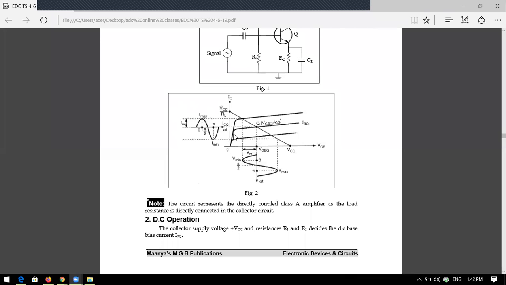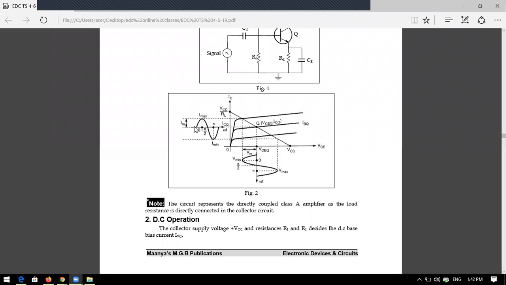These are the characteristics of the transistor, and if you draw the load line between VCE and IC, you will get the load line like this, and you can place the operating point exactly at the middle of it. That is the reason.